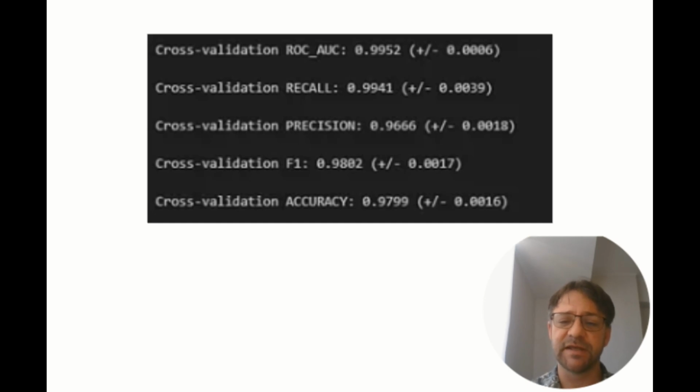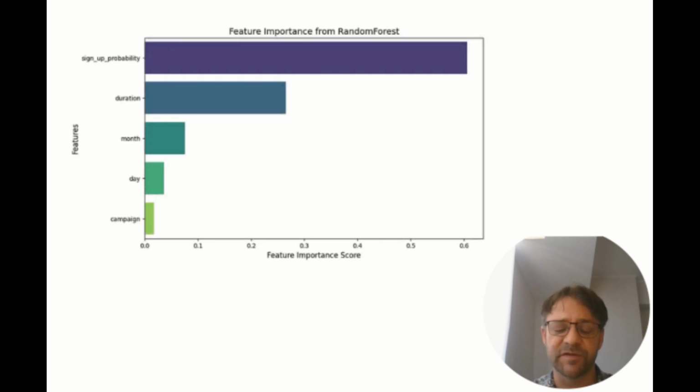So the feature that we created seemed to be a very good predictor of who's going to sign up and who's not. Looking at the feature importance for this model, that seems to be true. Sign up probability was the highest rated feature, and after that was the duration feature.